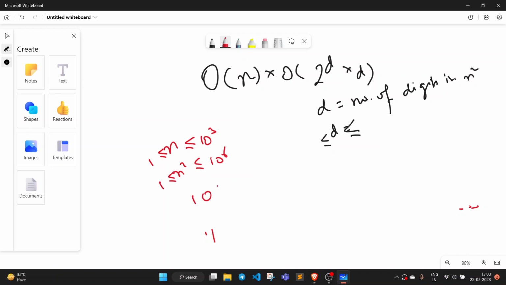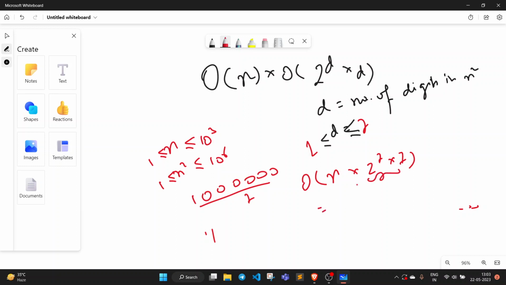So how many digits are there in 10 to the power 6? 7, right? So d will be at most 7. So the time complexity will be O of n into 2 to the power 7 into 7. So we can consider it as a constant only. So it will be more or less O of n.